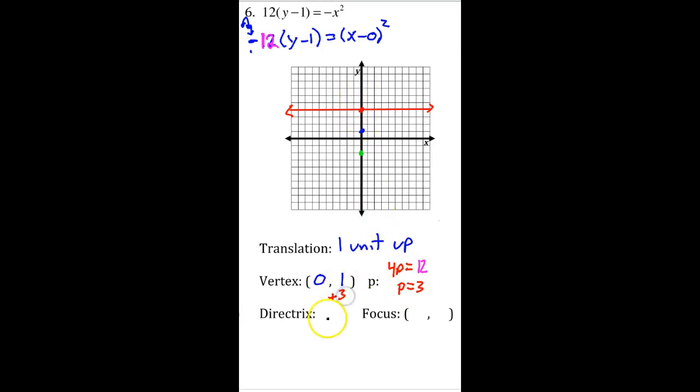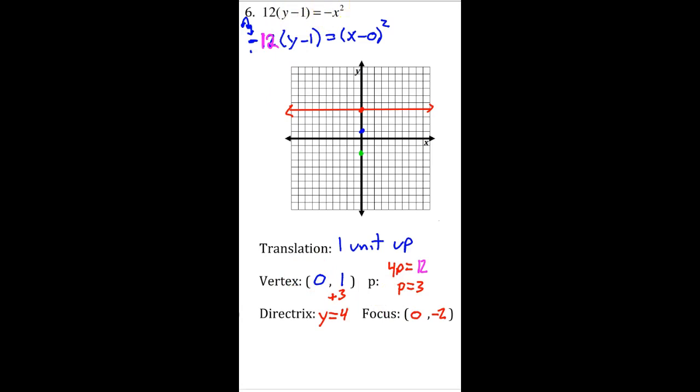If we take our y-coordinate, or k, and add the p-value, we'll get 4. And then for the focus, we'll subtract the p-value from here, 1 minus 3, and we'll get negative 2. And the coordinate is the same for the x.